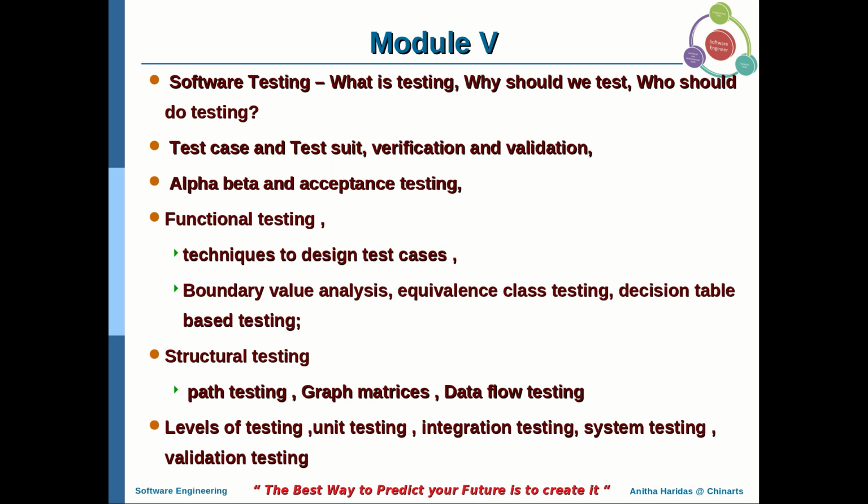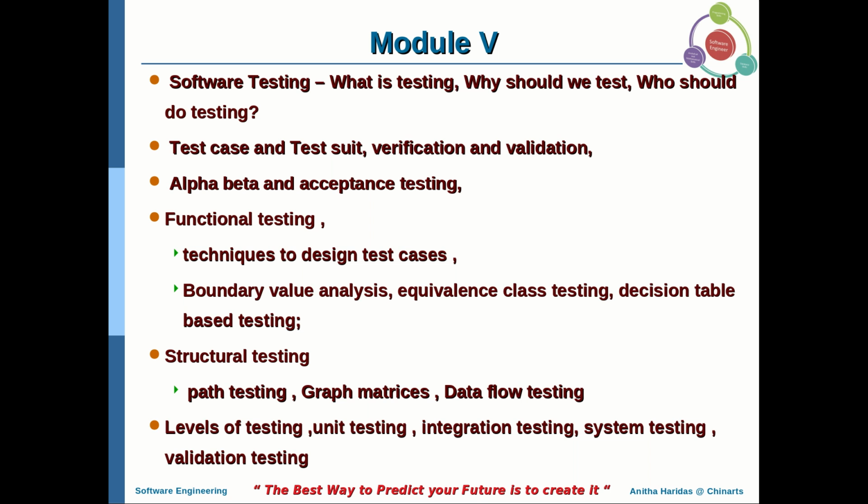Requirement elicitation deals with how to gather the requirements from the different stakeholders. Then the second step, requirement analysis: how do you analyze the collected requirements? Once the requirements are collected, how do you document them? Then we go for reviewing the document.